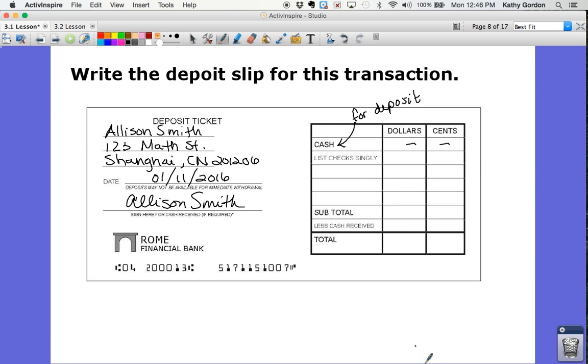We need to list each check separately. And usually what you write over here in the space is who the check was from, who signed it. So let's say she works at McDonald's, okay? The first thing she would write here for her paycheck is not paycheck, but she would write McDonald's because that's who basically signed the paycheck for her.